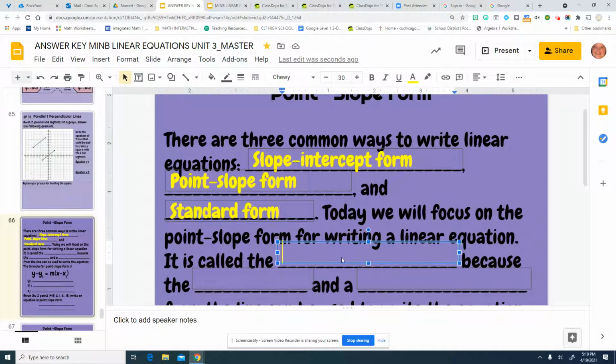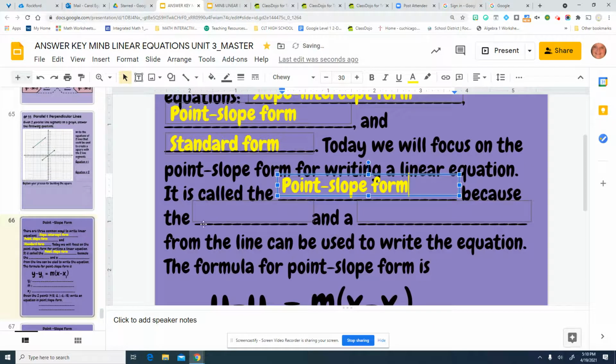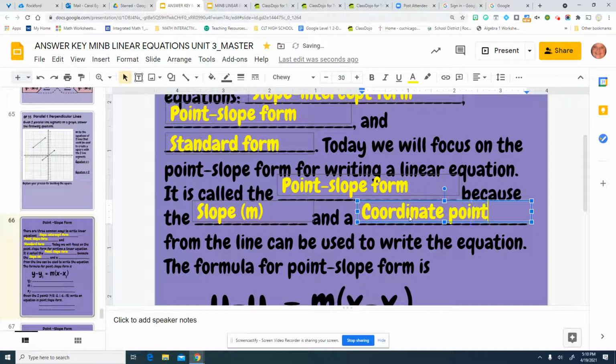It is called the point slope form because the slope, which is still m, and a coordinate point from the line can be used to write the equation.